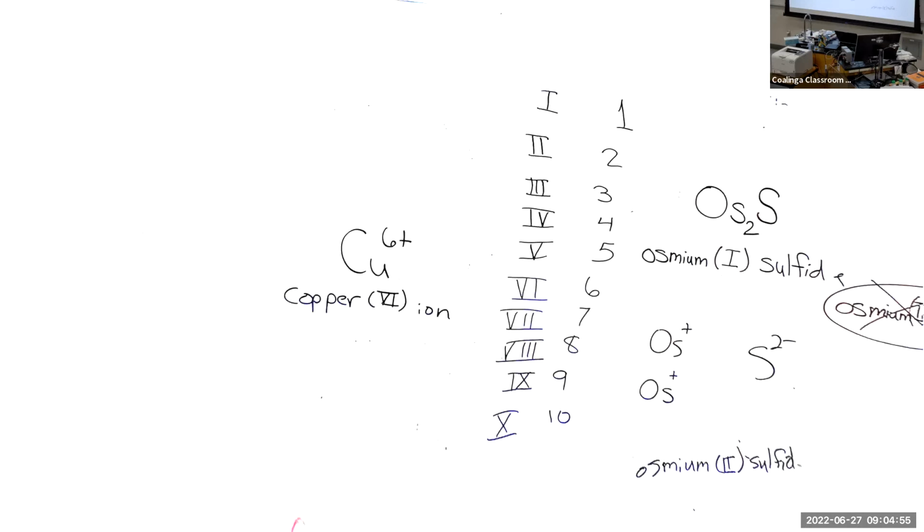Okay, osmium 2. What would that look like? What would be the chemical formula? This is what osmium 1 looks like. Oh, just for the hell of it, let's do osmium 3 too.